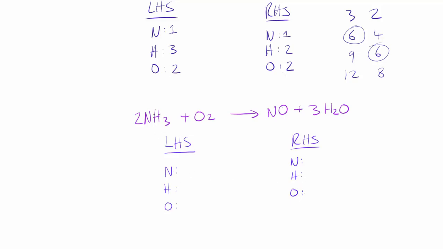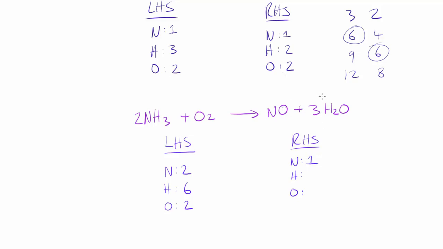Here we're going to have 2 times the nitrogen, 2 times the hydrogen, so that's 2 times H₃, which is going to be 6. And oxygen O₂, so that's just 2. On this side, for the nitrogen, it just occurs once.